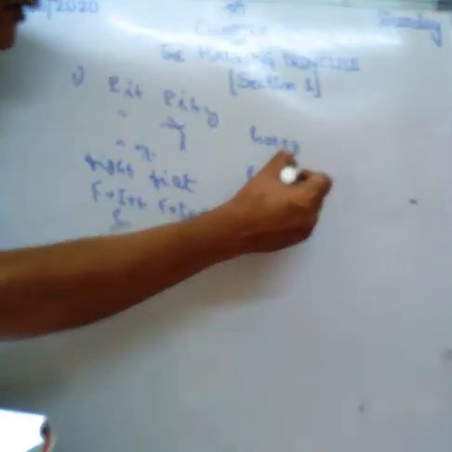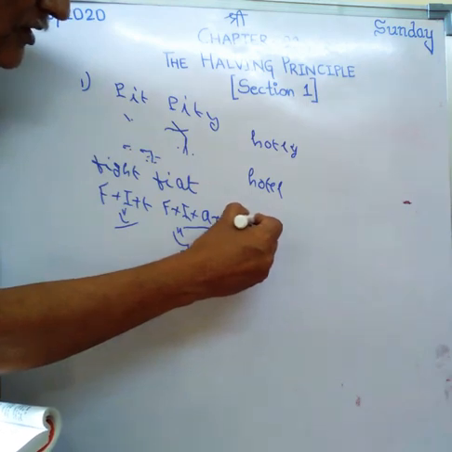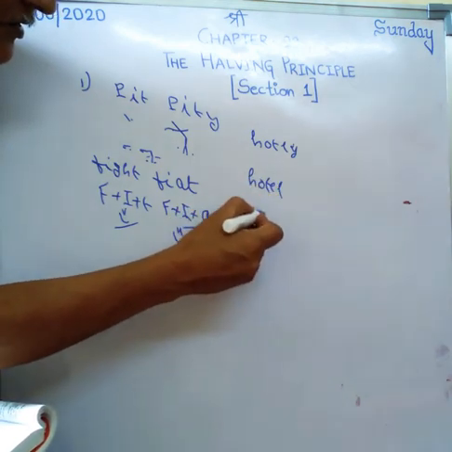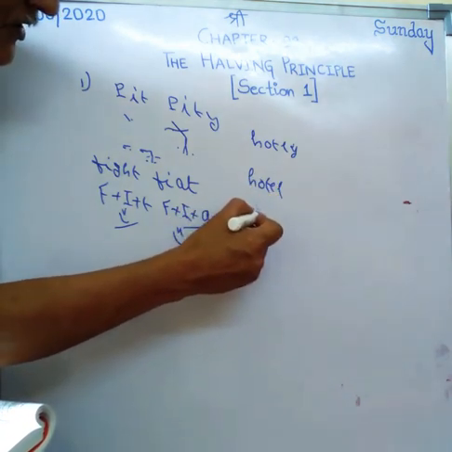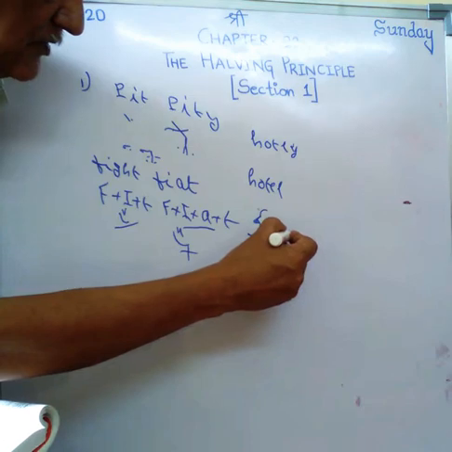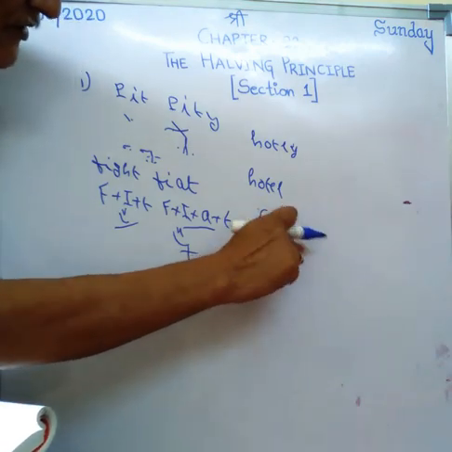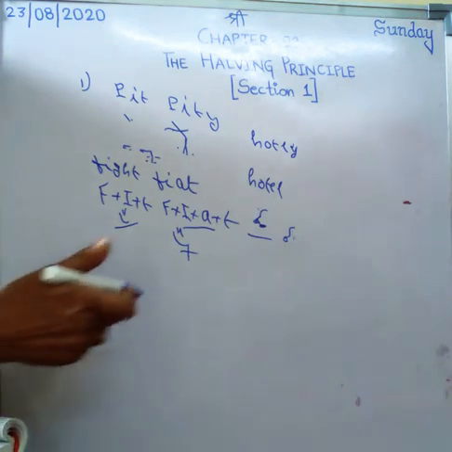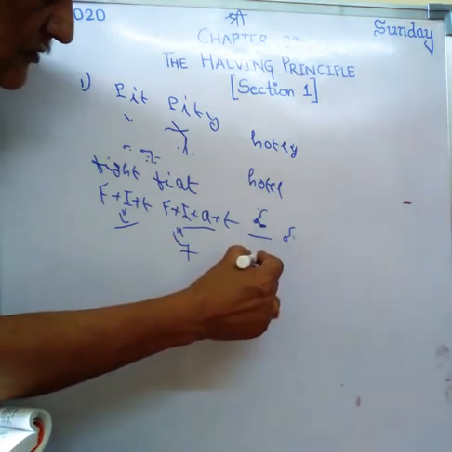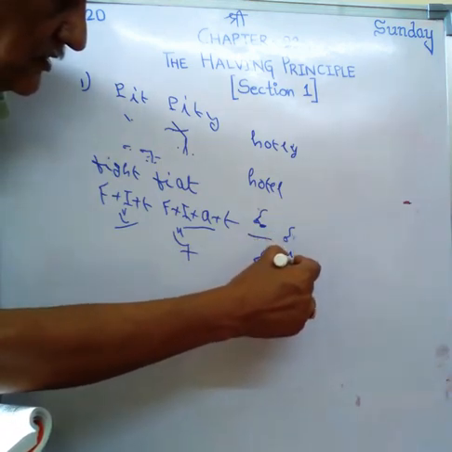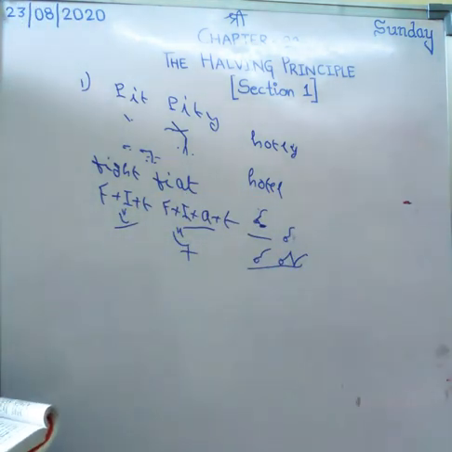If you employ Halving principle, what happens? Hot, halved H, L, hotly, and hotel also you could have written halved H, L. So when we write this, what happens? Both of them look alike. So in such cases, for one word we use Halving principle. For the other one, we write all the consonants in full. Hotly, we employ Halving principle. Hotel, we write in full. H, T, and L.